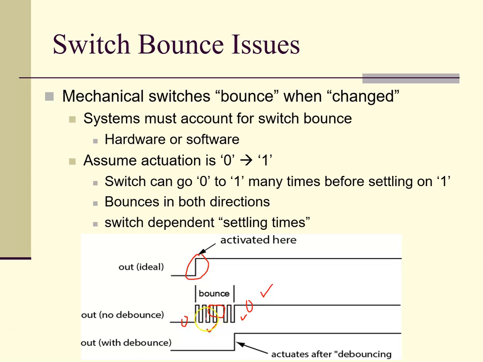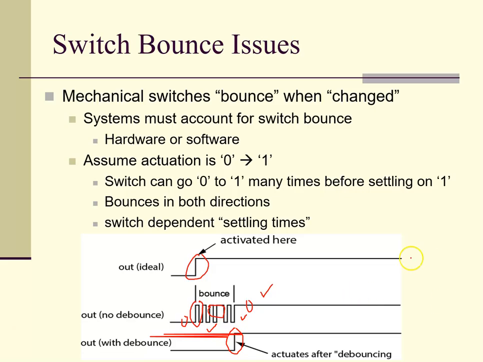So when you detect a button press like this, you want to wait a while, and then you come over here and you look at it. If after a while that button is still on, then you call it a valid button press. If it's off, you say it was just noise, and you don't worry about it.